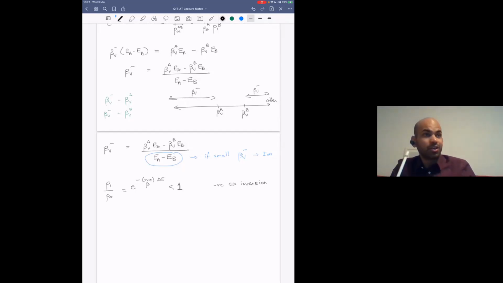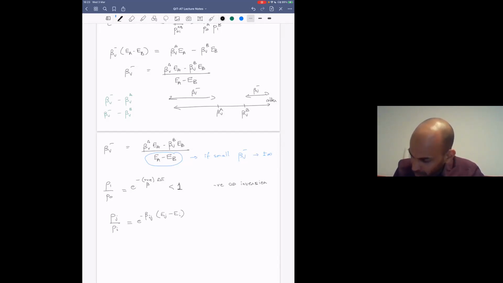Now, you cannot switch from negative to positive temperatures by swapping the label. The temperature is defined by the population in j upon the population in i equal to E to the minus beta ij times Ej minus Ei.